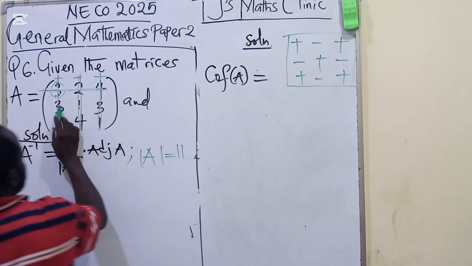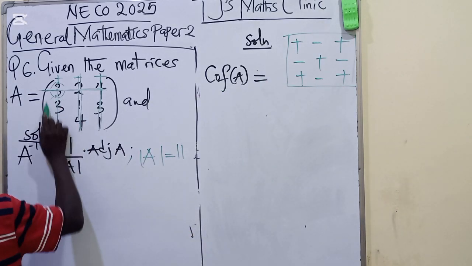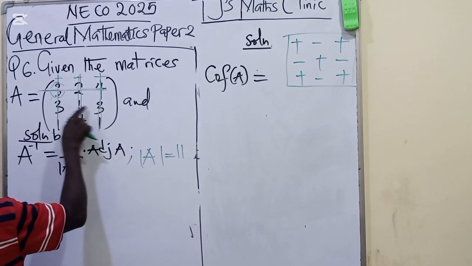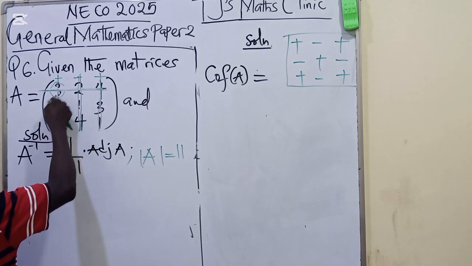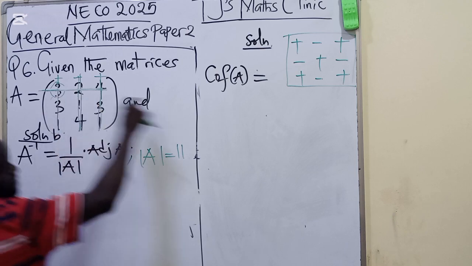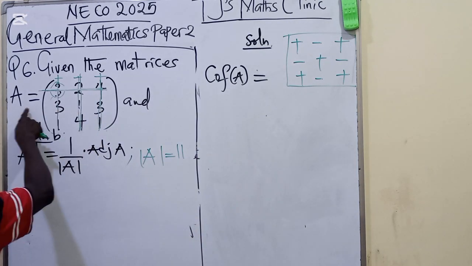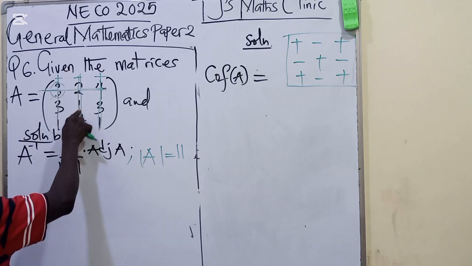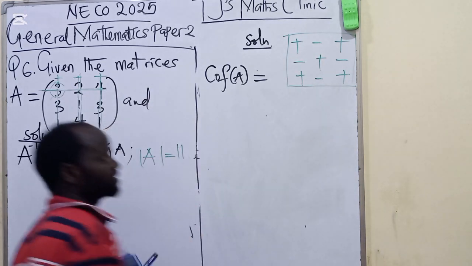The reason why we are having negative here is this is the first column, second row, which is 1 plus 2, that's 3. It is an odd number, so here will be negative. Of course, if we move inside here, this is row 2, column 2. 2 plus 2 is 4. That is even, so we have positive here. That's how we come about this sign.